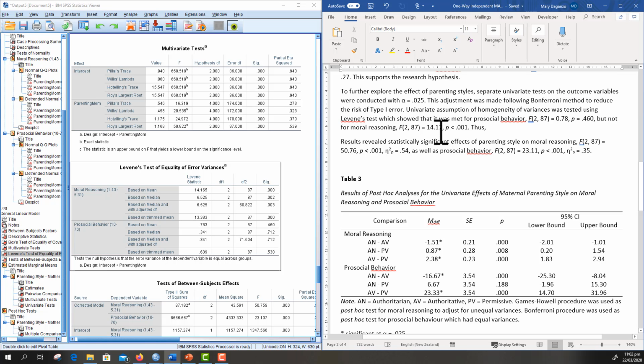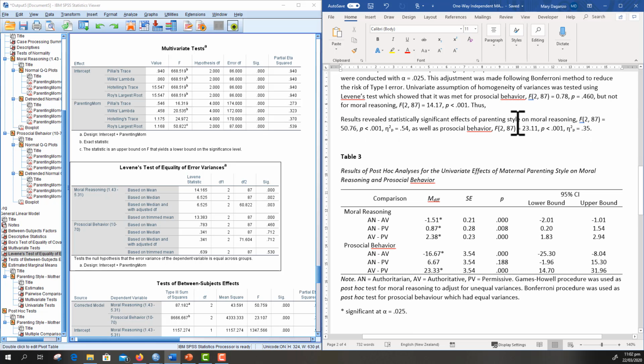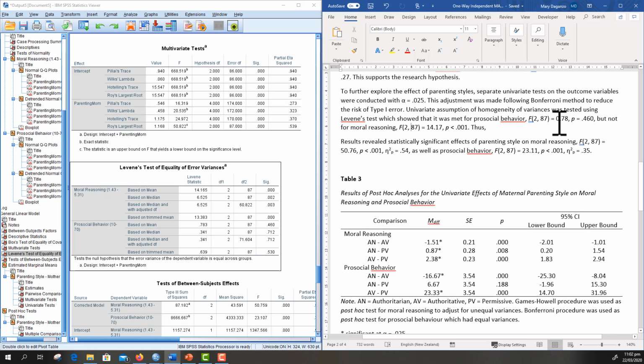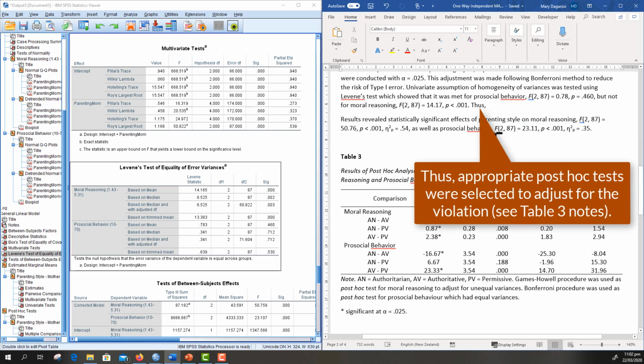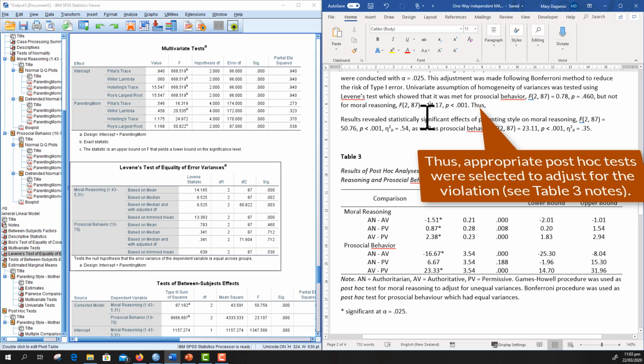And we have to do that for both of the dependent variables. So we have prosocial behavior and moral reasoning. So notice that it was met for prosocial behavior, but not for moral reasoning. And so that means that we need to choose the proper post hoc test, or report the correct post hoc test, depending on this violation of the assumption.